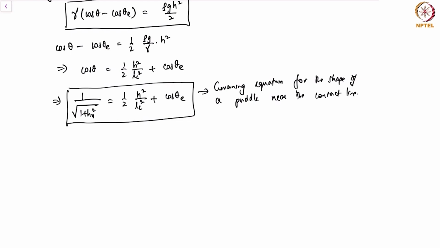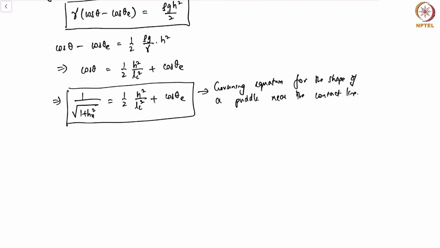Okay, so you can again convince yourself that when h goes to 0, that is as you approach the contact line, the first term on the right hand side goes to 0, and therefore you recover that the cosine of the angle would just be equal to the local slope near the contact line. Okay. So we've got the height of the puddle, we've got the local shape of the puddle.